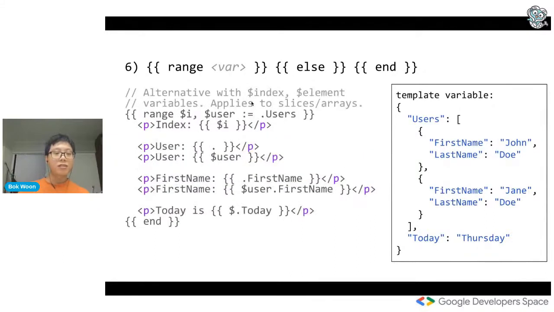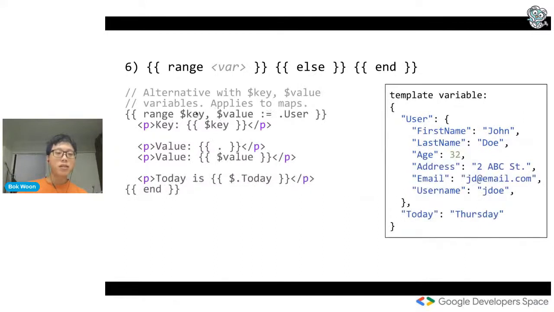And lastly, you can use the index-to-variable syntax, I guess. So if users is a slice, i will be the index, user will be the value, and everything follows. But if this thing here is a map, then this is the key and this is the value instead.